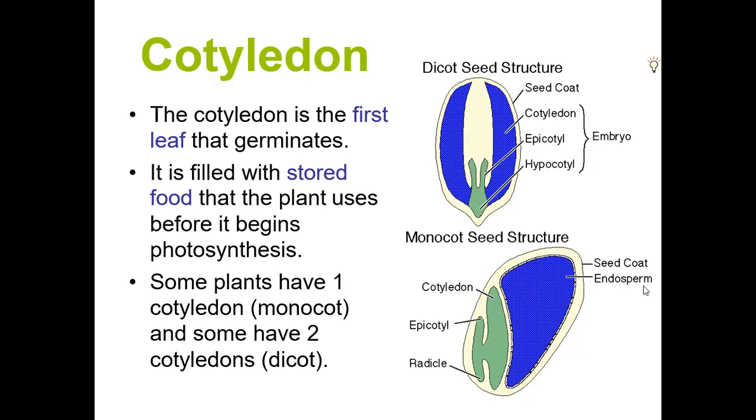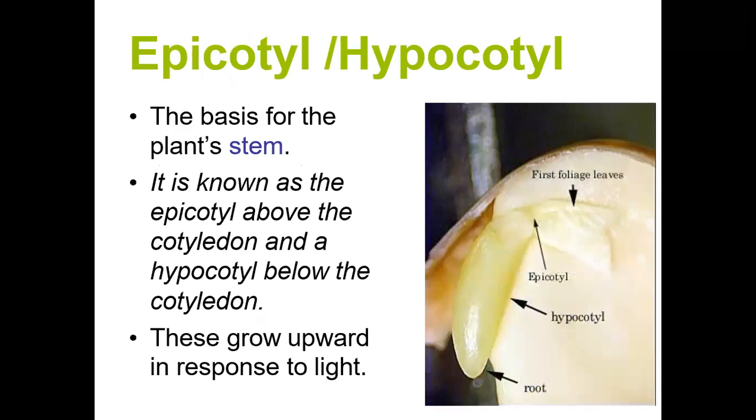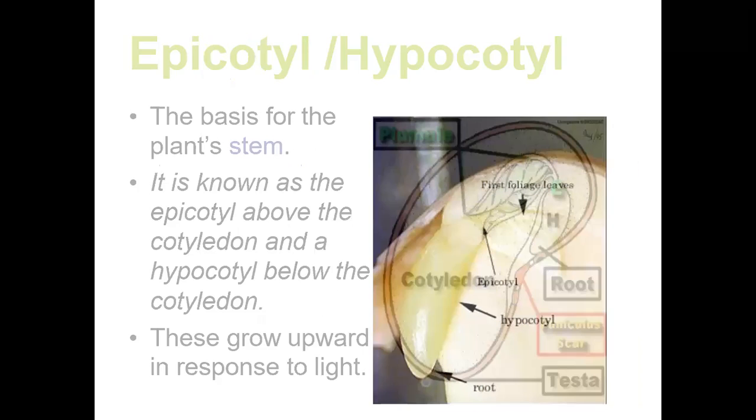Endosperm means food content. In monocot there is only one layer of endosperm. In dicotyledone there are two cotyledones. This is the structure of monocot and dicot. Epicotyl is not so important for your grade.